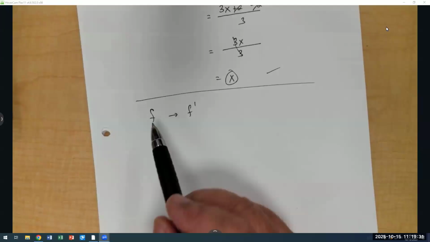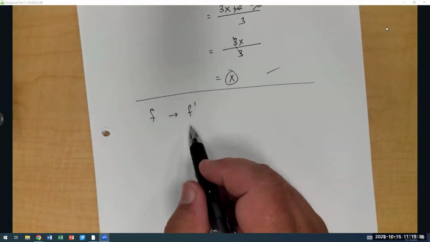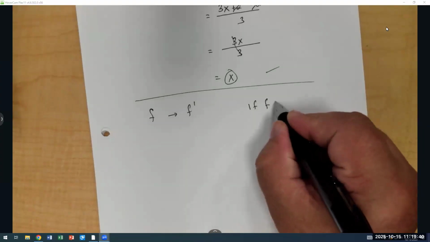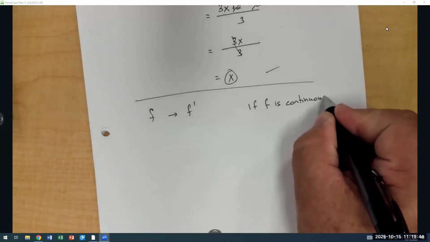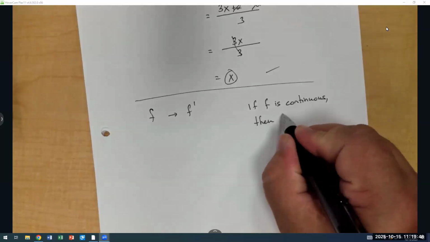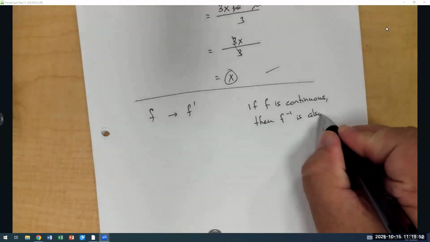So if a function is continuous, we also know so is its inverse. If f is continuous, then f inverse is also continuous.